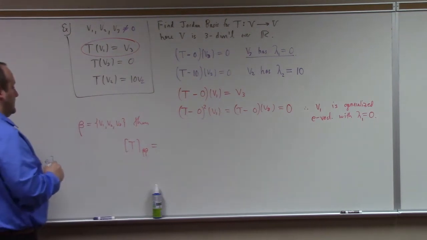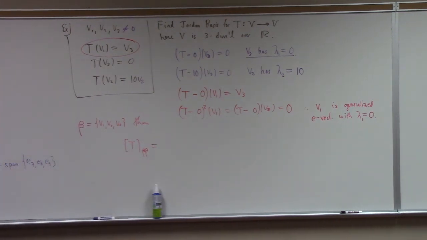Oh, first of all, I shouldn't do that. Why shouldn't I do that? What goes together? We're supposed to put the eigenvector first, then the generalized eigenvector second, to make the chain for lambda equal to 0. So V2 is out of order, and V3 is supposed to come first.